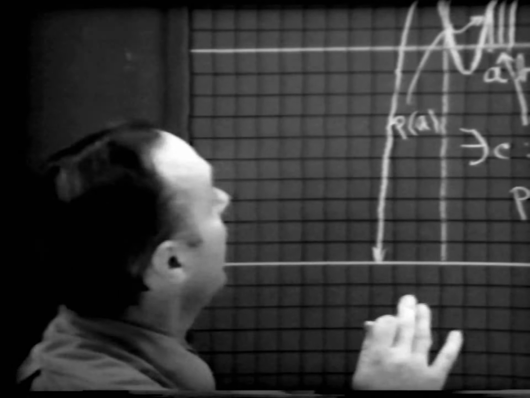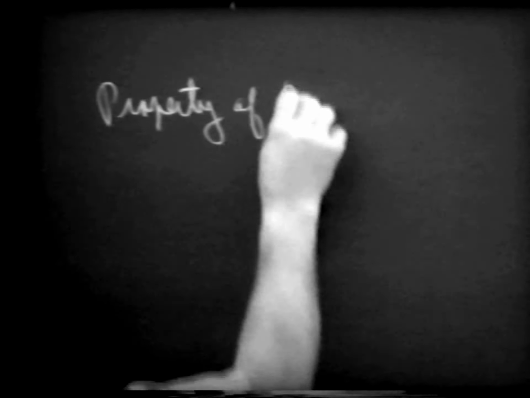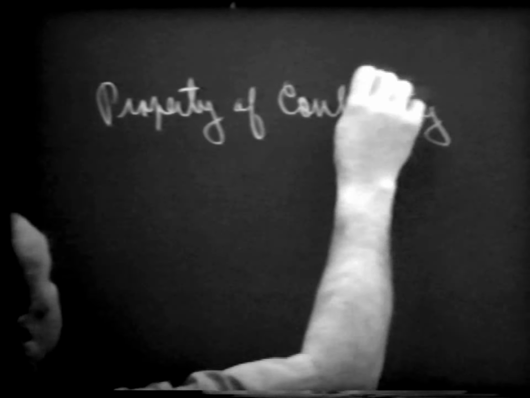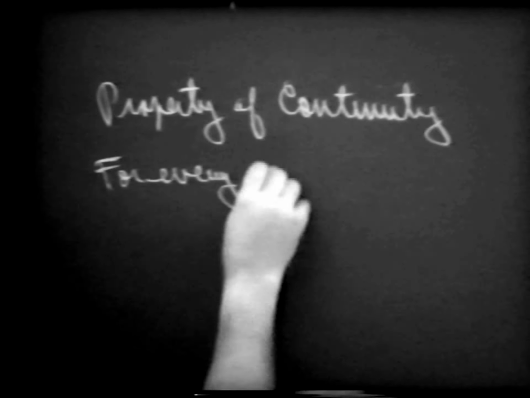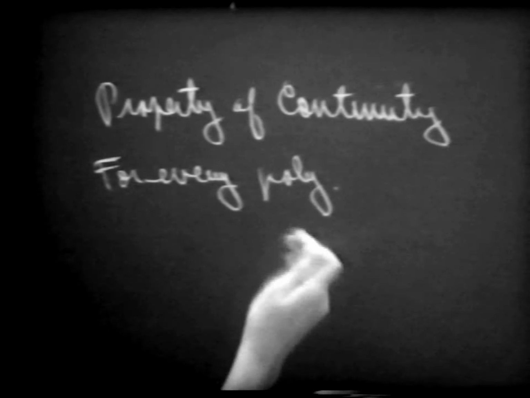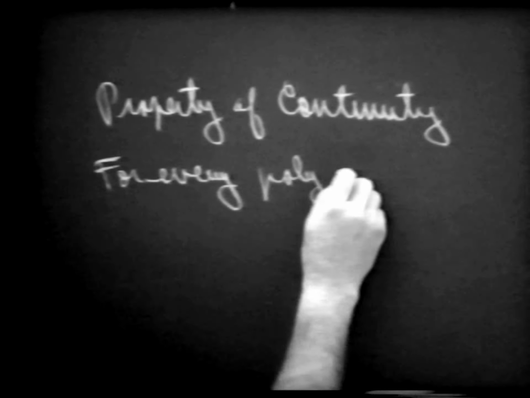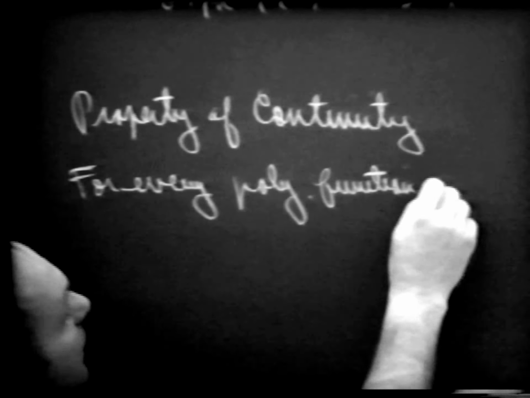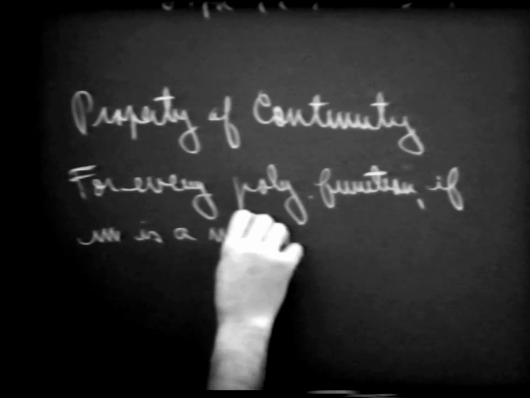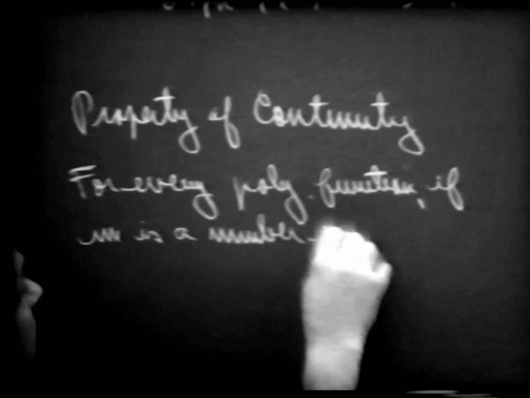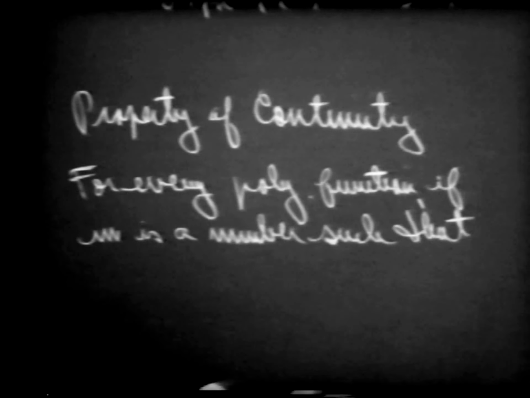And in fact, this is quite an assumption that we are making here as we make our nice smooth curves, and it's given a special name, and it's called a property of continuity. So let's write this down and state what it is. The property of continuity, all right? And what it says is that for every, again, notice we're talking only about polynomial functions here, although this property certainly holds true for other functions, which we'll investigate later on. For every polynomial function or formula, if M is a number such that, now what do we want to say about M?